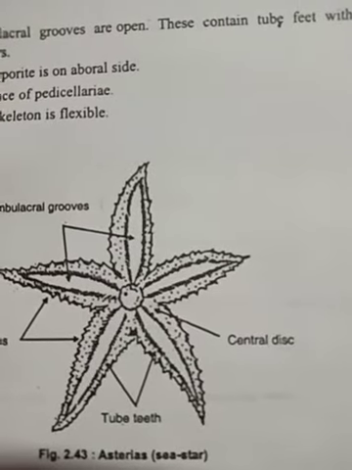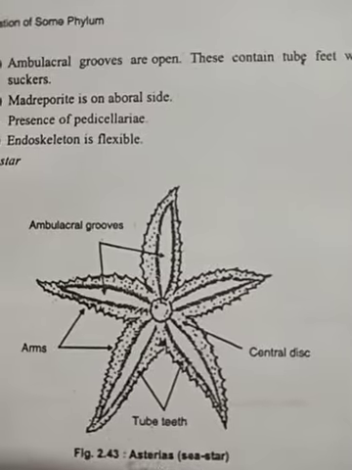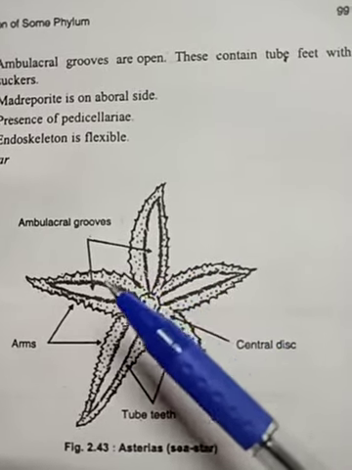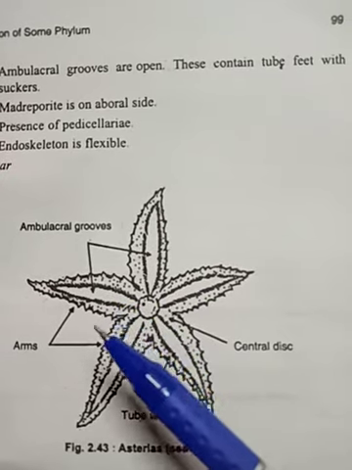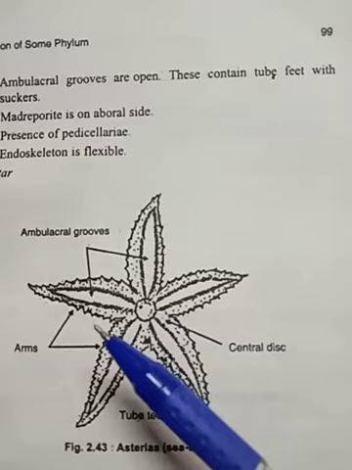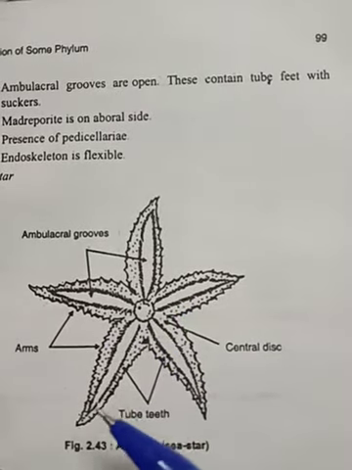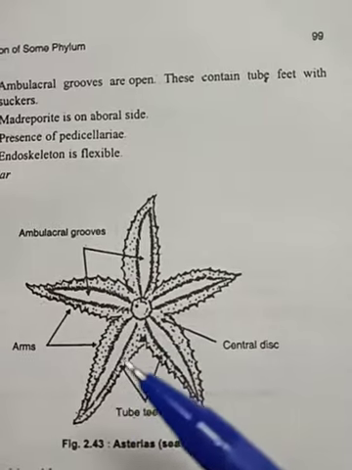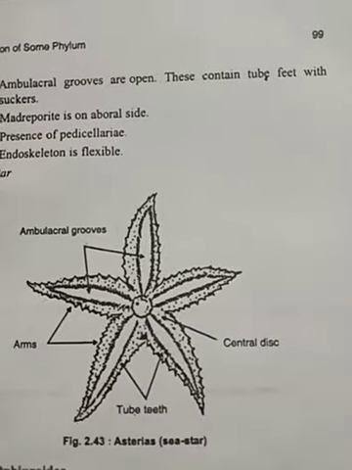You see the example starfish, that is presence of the ambulacral grooves which are open. There is a central disc from which the arms arise, and these ambulacral grooves bear the tube feet.